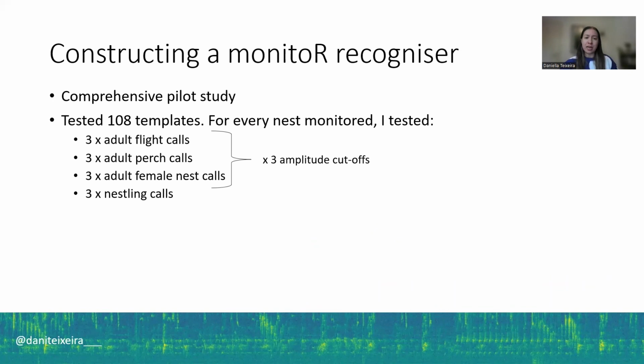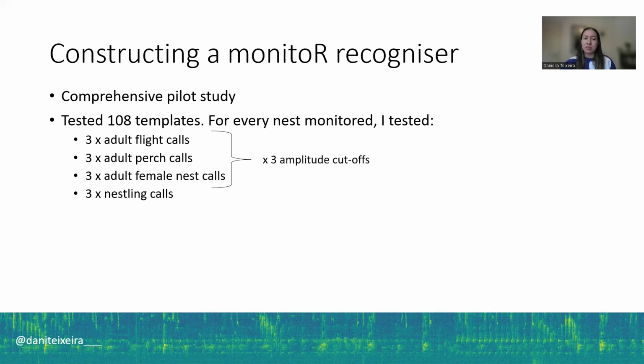Like I mentioned earlier, figuring out which calls should become the templates is quite important, and I don't really have time to talk through all of the ins and outs of creating templates. But I just want to say, in my work I did a really comprehensive pilot study based on all the different call types that these birds give at nests, at 3 different amplitude cutoffs, which is sort of what determines the on and off points in the template.